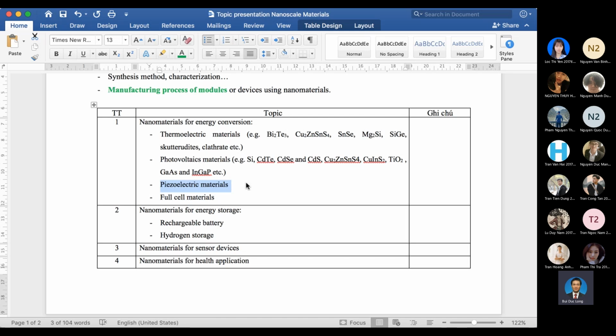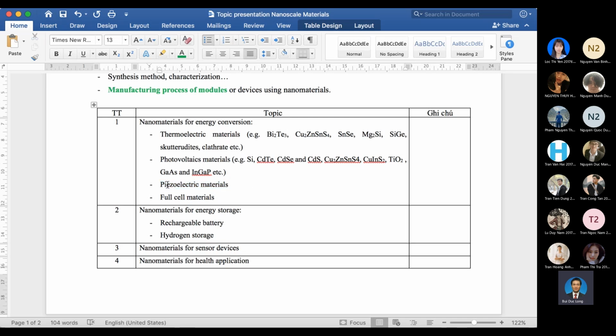For example, if you apply a force to a material, like hitting it with a hammer, the impact of mechanical force will be converted into electrical energy.